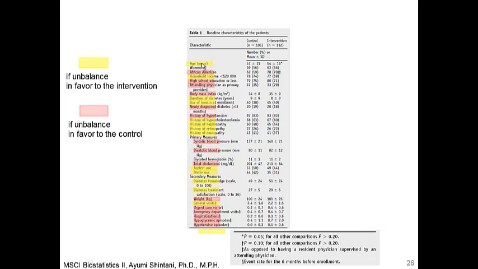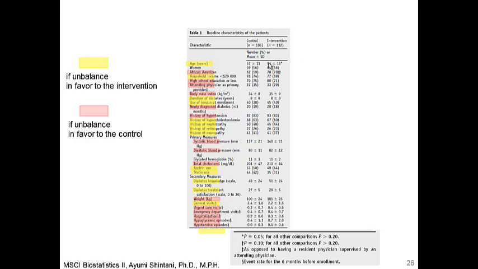Instead, we want to know whether the directionality of imbalance seems to be happening randomly. So I highlighted the variables where the imbalance happens in favor of intervention. For example, age. Intervention group's age was 3 years younger. And so I put yellow.